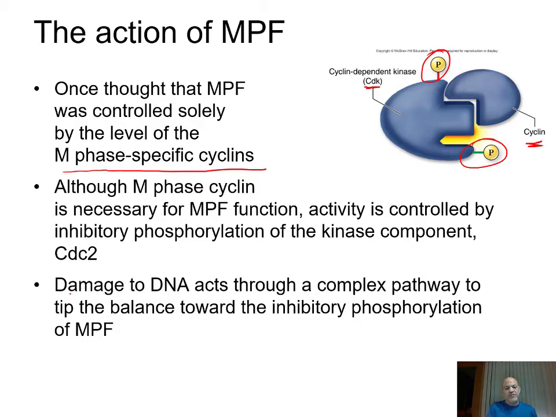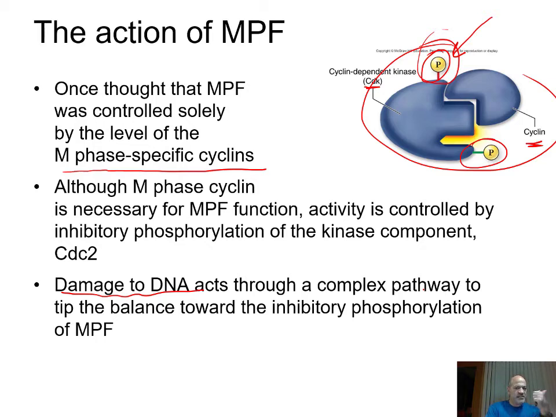So if you have bad DNA during the copying, there's going to be a complex pathway that causes the phosphorylation on this complex to be more in that location, and that stops the process, so we don't progress. We don't want to divide and give two new cells damaged DNA. So we have to pause at that point and decide whether we can repair it or destroy the cell itself.